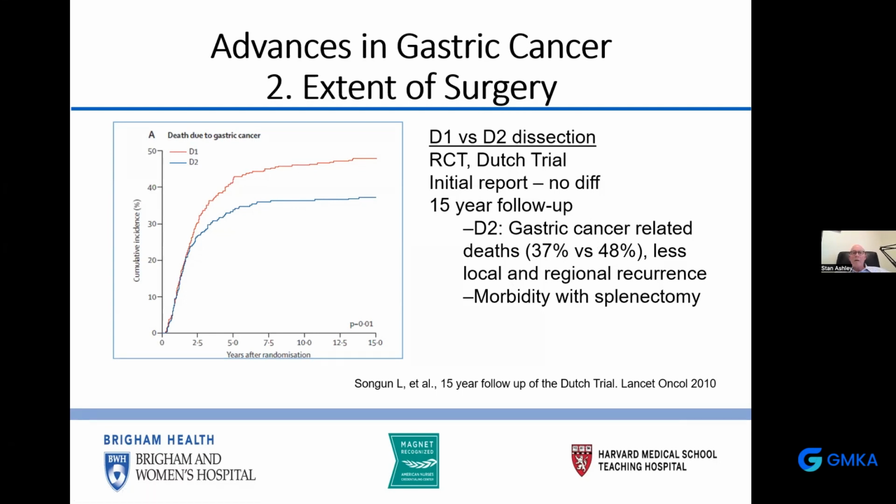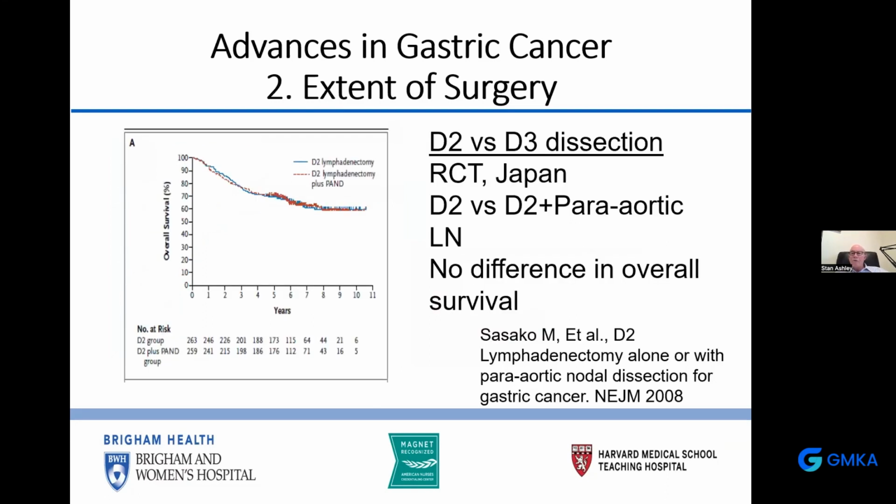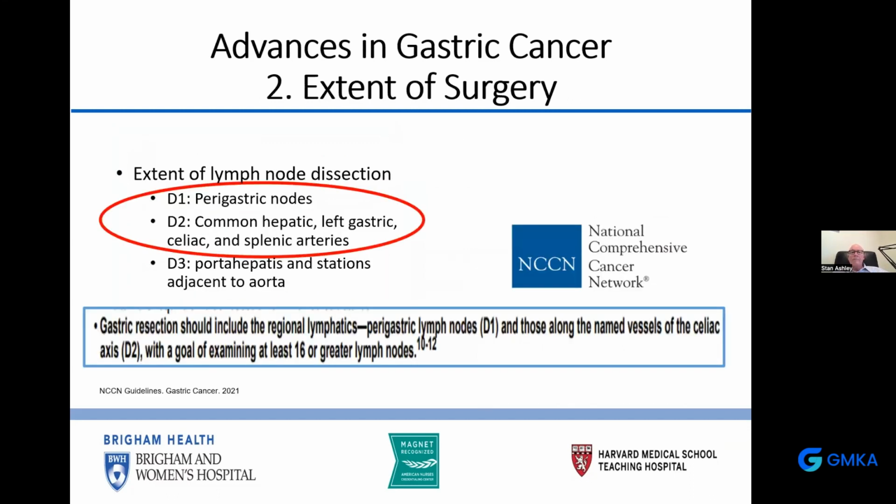But we do recommend D2 nodes, with more than 15 nodes being the value. For D3, there was a randomized trial in Japan that showed no benefit. So, D1 and D2, with a goal of examining 16 or more lymph nodes, is currently the US National Comprehensive Cancer Network recommendation.